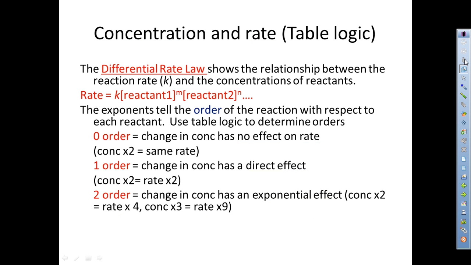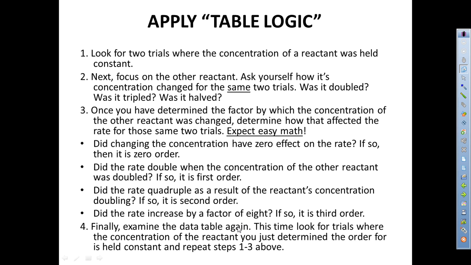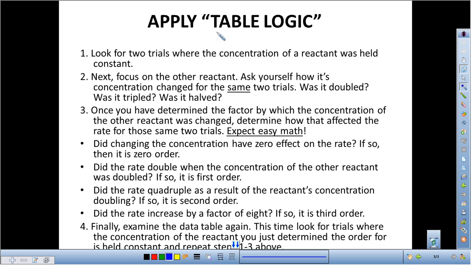All right, so we're going to go to this slide that explains what we'll refer to as table logic. And when we're dealing with table logic, basically what we're dealing with is a data table. We're looking at a data table, and we're looking to see how a change in the concentration affects the rate in the data table.